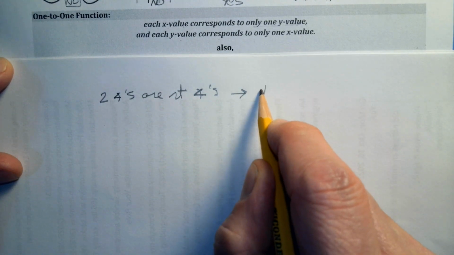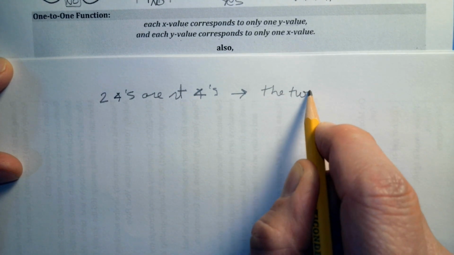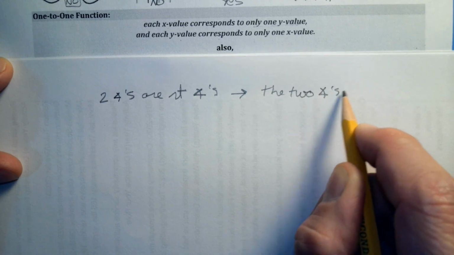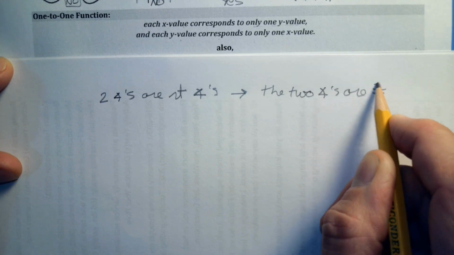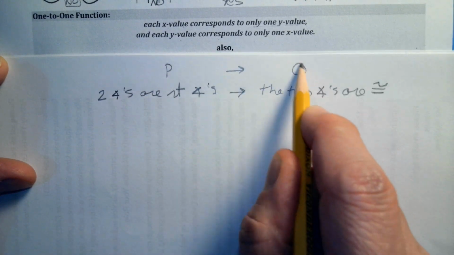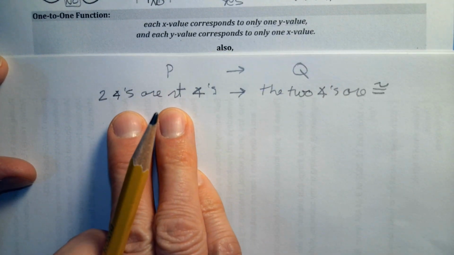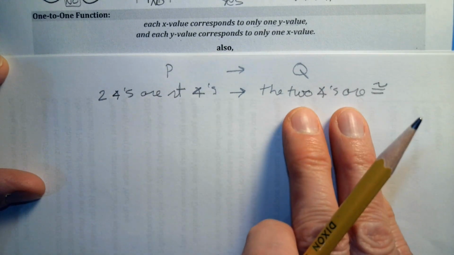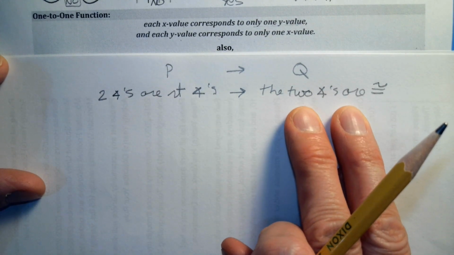Then the two angles are congruent. So that's a truth, right? So that's P gives you Q. If two angles are right angles, then those two angles are congruent, and that's true.